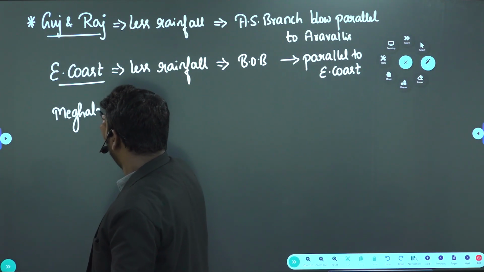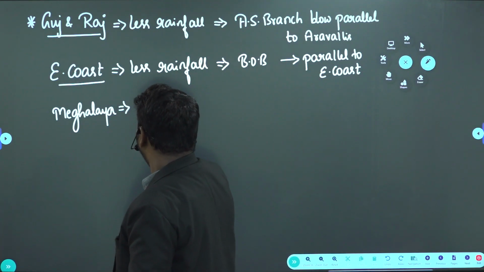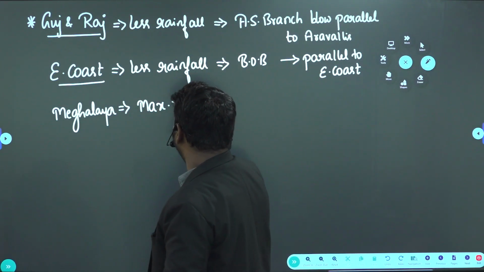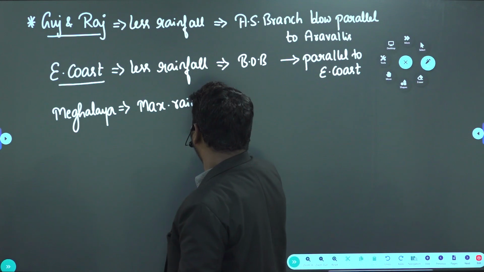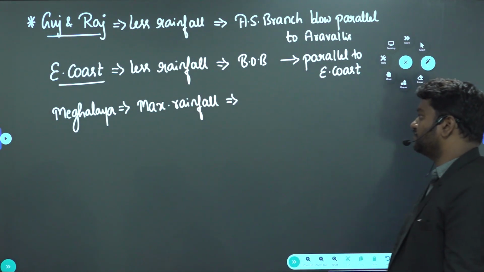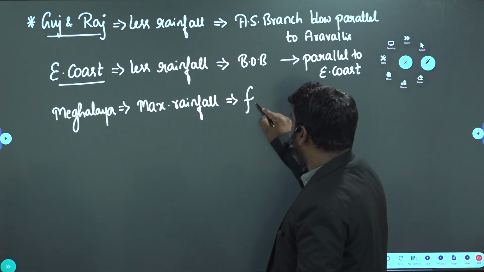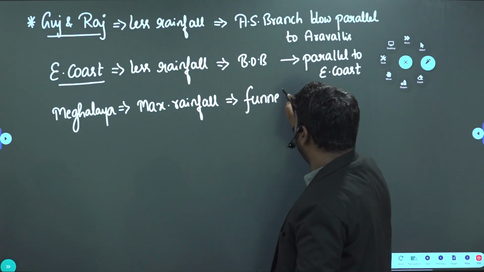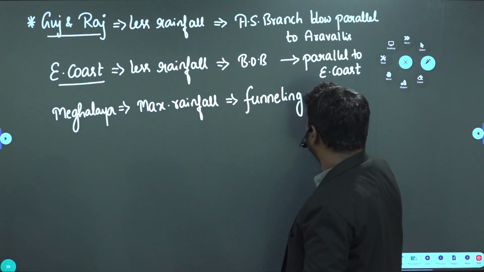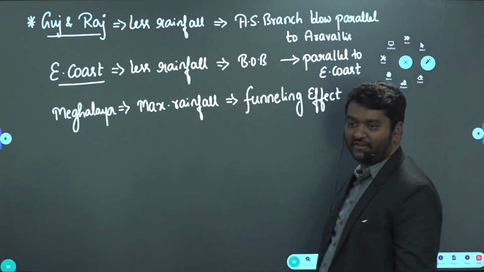Meghalaya gets maximum rainfall, and the effect is called the funneling effect.